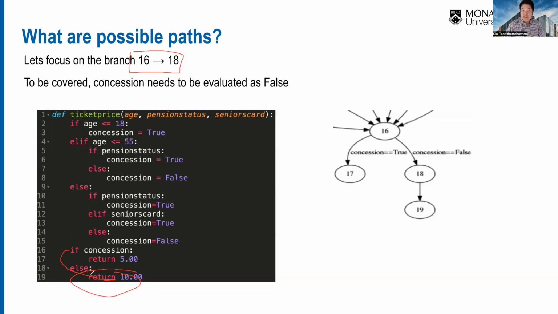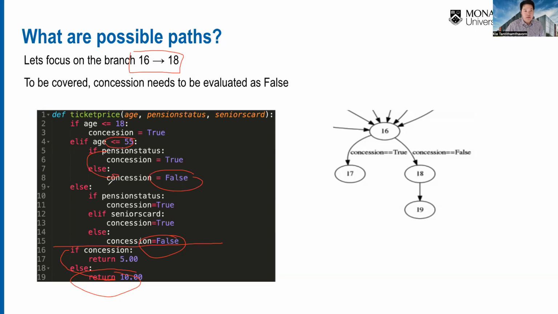That means the concession should be false, right? And the concession will be false if it goes this way, this line, okay? That means age is less than 55 but no pension, then you will not get the concession.